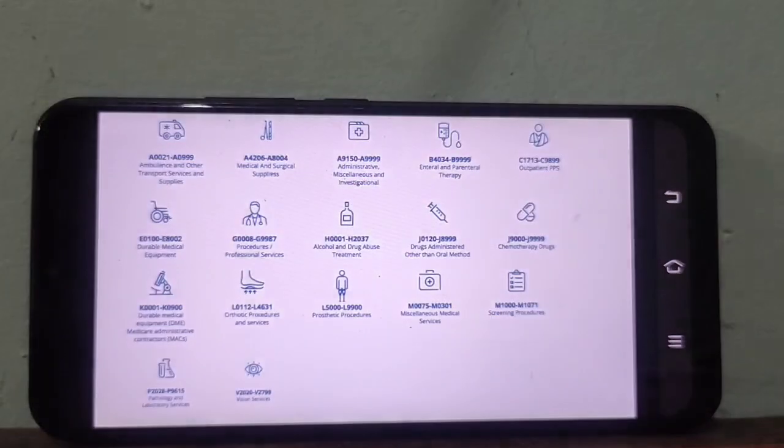For example, one minute, I will show you. Here, see that A0 is for ambulance, A4000 to A8999 for medical and surgical supplies, and the A9 code section for administration codes, B series codes for parenteral therapy and the cost of the drug. So these codes are classified based on the materials.